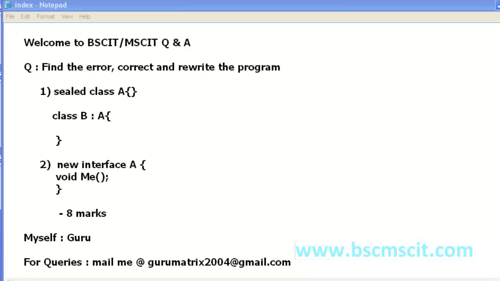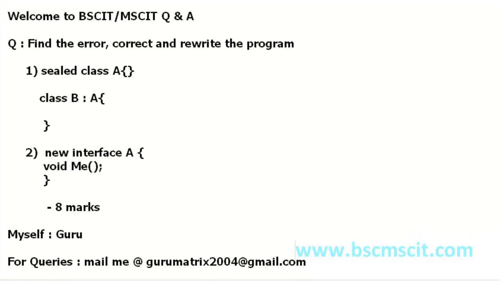Myself Guru, and today we are going to see a topic from a B.ScIT question paper, that is, finding an error, correcting that error, and rewriting the program. Finding the error from the following program.